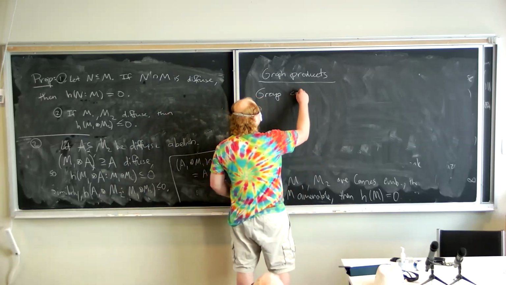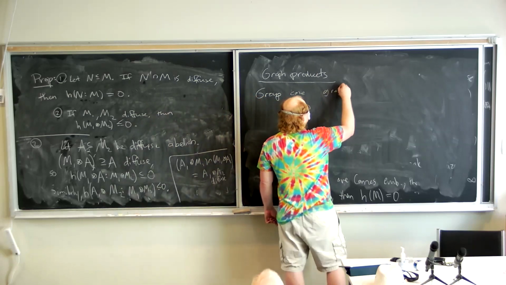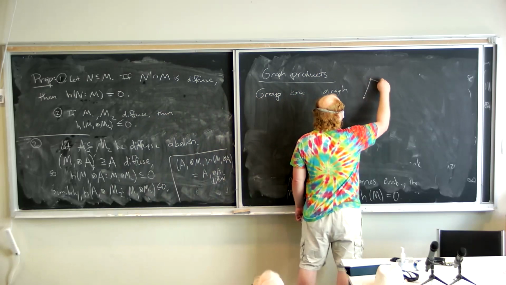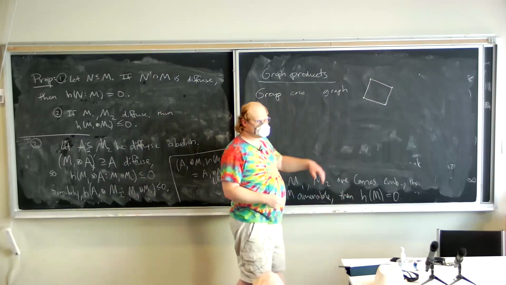And so what does this mean? You take a graph, and you've got vertices and edges.